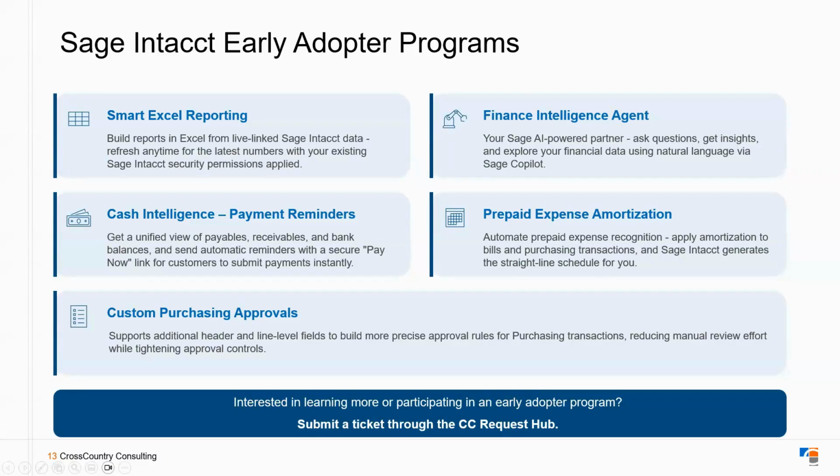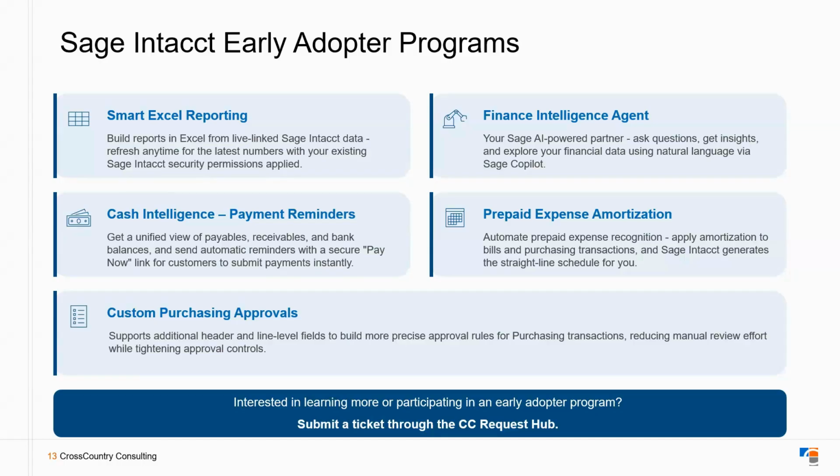Now, before we move into the next poll, I want to highlight a few early adopter programs Sage Intacct currently has opened. So they're listed here on the screen: Smart Excel Reporting, Finance Intelligent Agent, Cash Intelligence, prepaid expense amortization, and custom purchasing approvals.